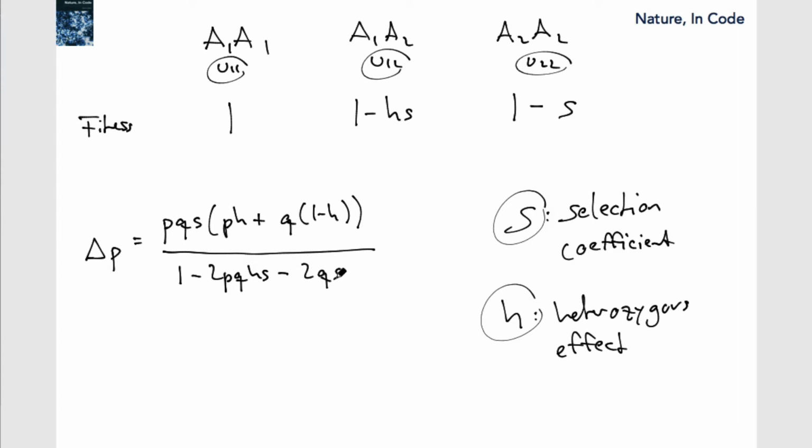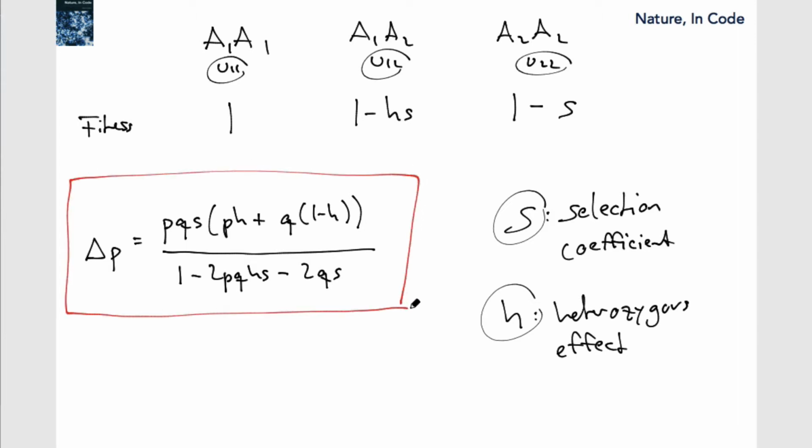So again, not super simple, but this is now the fundamental equation, a little bit simplified, and we're going to work with that in the future. So this is an important equation: PQS times PH plus Q times 1 minus H, divided by 1 minus 2PQHS minus 2QS.